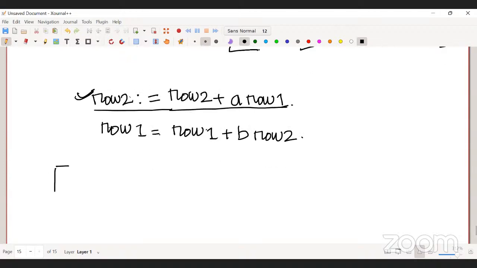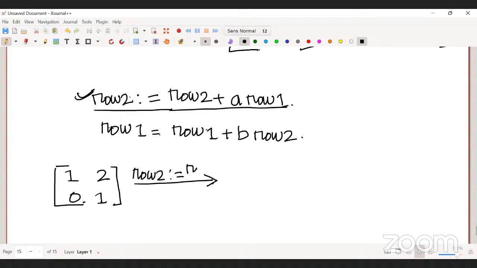Suppose I'm taking some 2x2 matrix, and the same thing you have to do. First I have to replace row 2 by row 2 plus a times row 1.